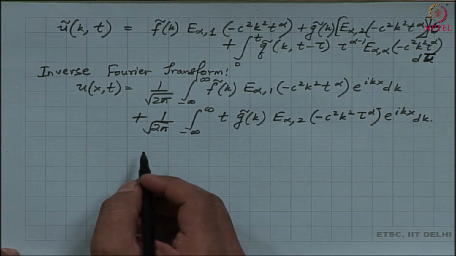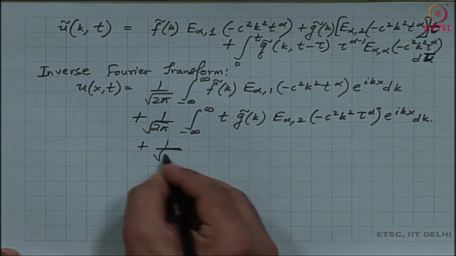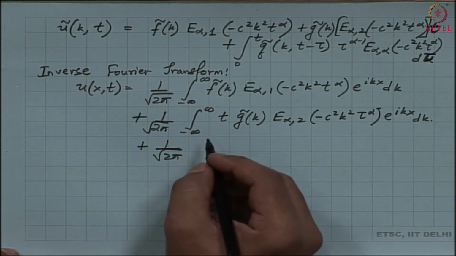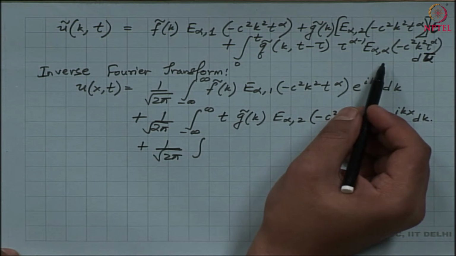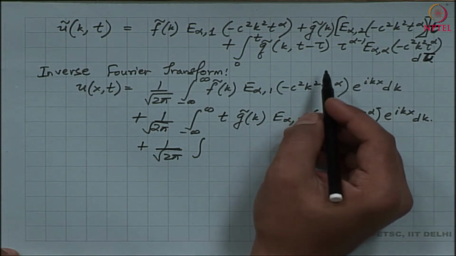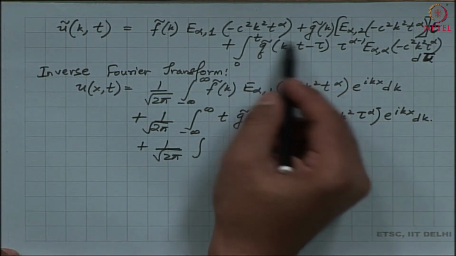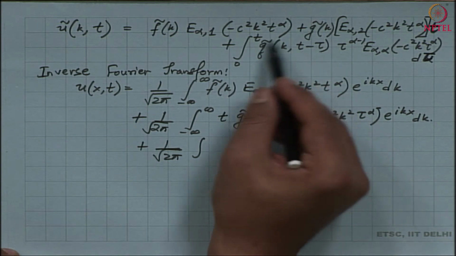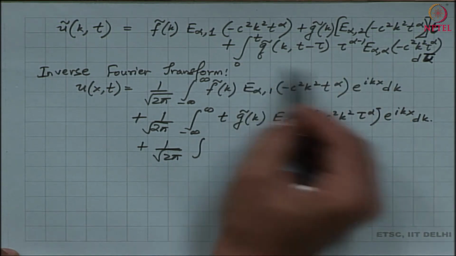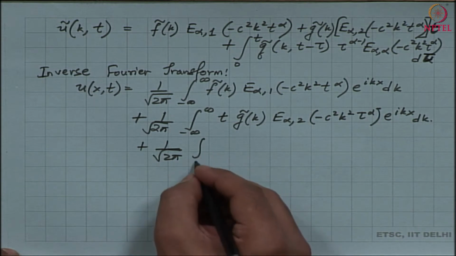Okay. Finally, the third expression. Now, when I were to evaluate, the third expression is 1 by square root 2 pi integral. Note that the third expression is a convolution integral here. So, when I were to take the transform inverse, I have to evaluate the inverse of this entire convolution integral. So, the answer is the following.